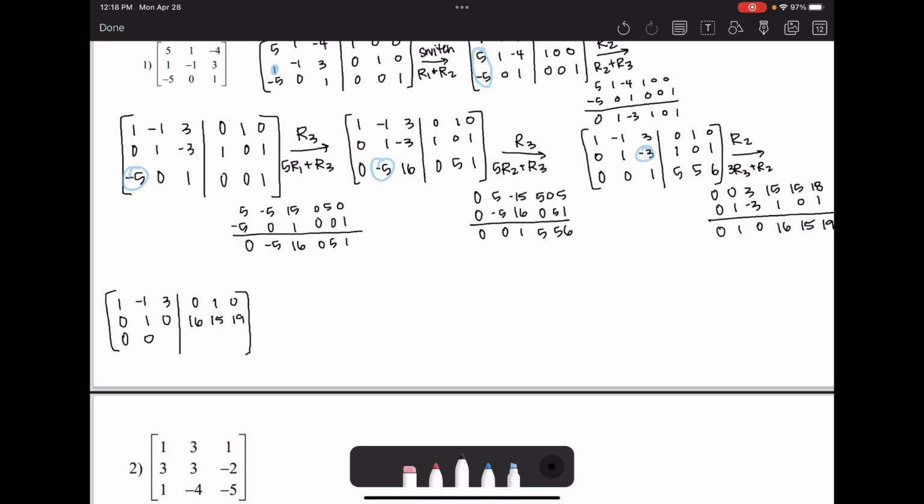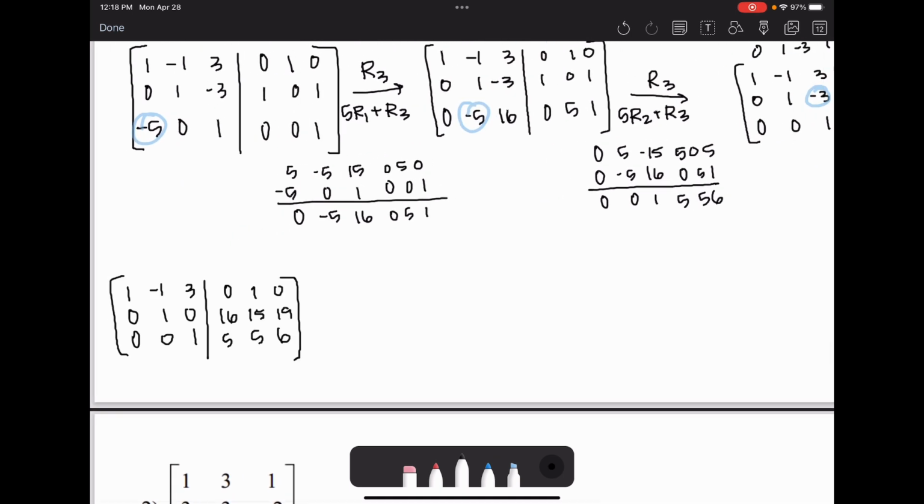And the third row didn't change. So we're really close to having our inverse. The second row and third row are exactly where they need to be. We just need to get the first row to have a 0 here and a 0 here. So the nice thing is if we add these two rows together, that will get us our 0 in the middle column.